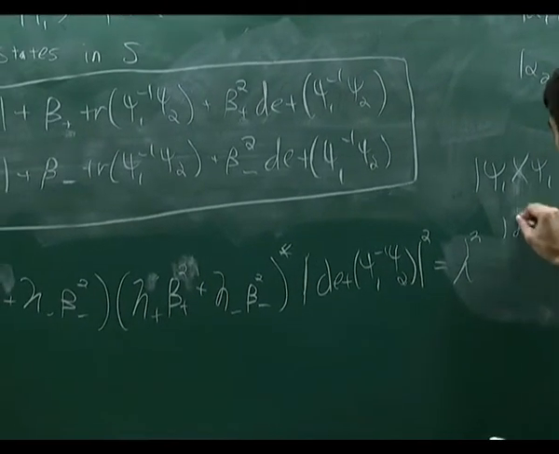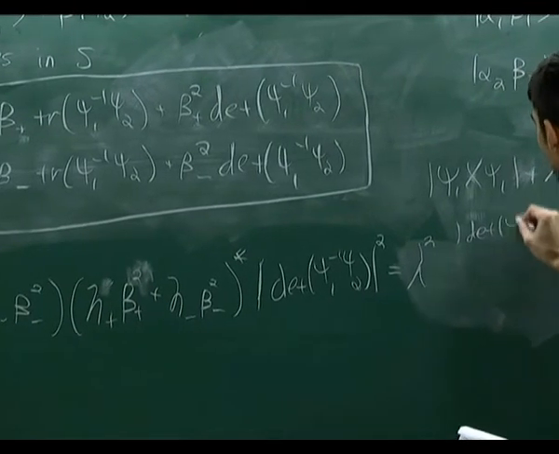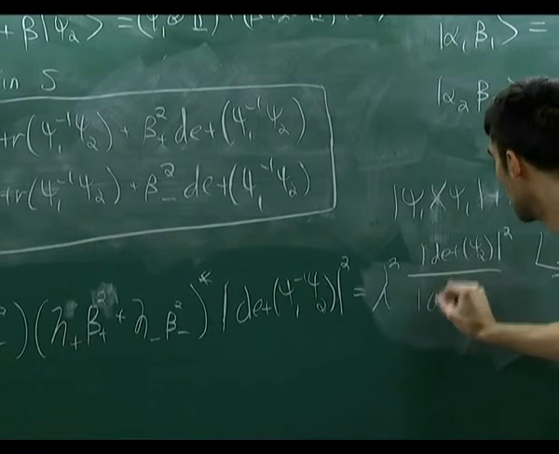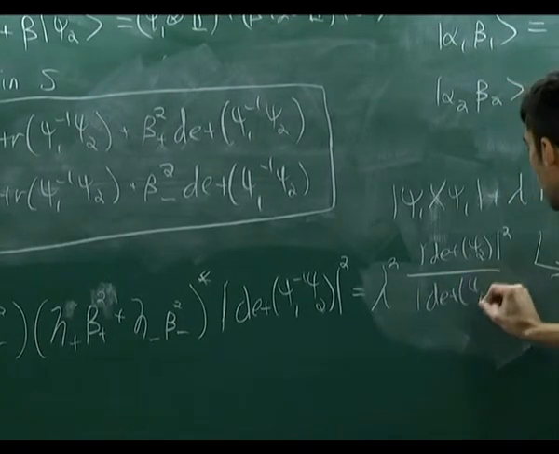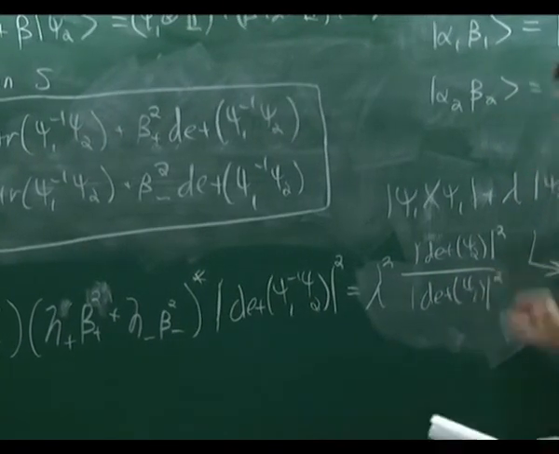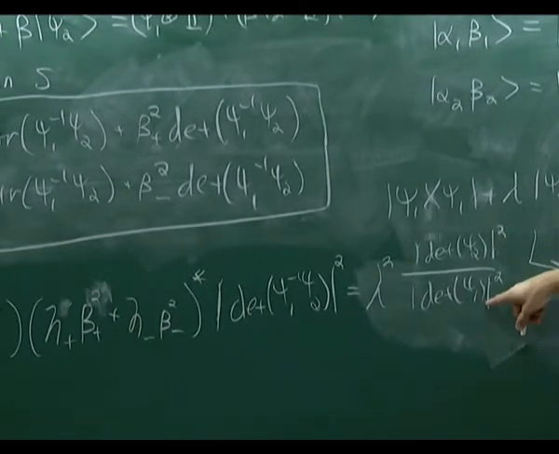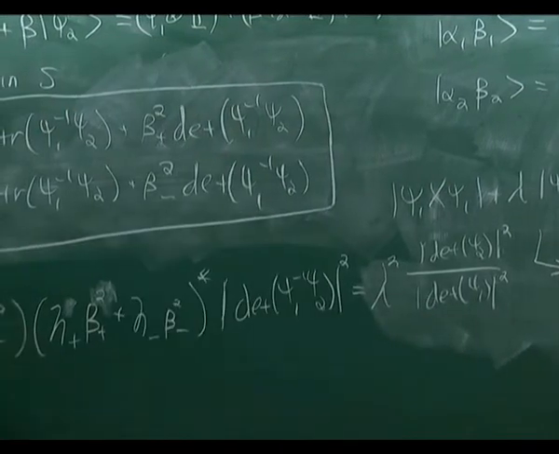So this is just the determinant of psi 2 squared over the determinant of psi 1 squared. And this is exactly what we want, because this is the concurrence of psi 2 over the concurrence of psi 1. So it gives us this condition here.